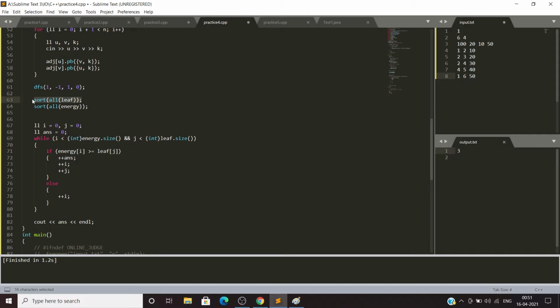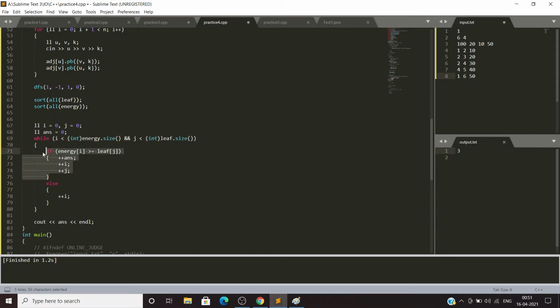After we have got all the leaf values, that is the energy required to move to some cities, we are sorting all the leaves and all the energies, because for every leaf we want to use the minimum energy required to get to the leaf. So here we store i and j equal to 0, and after that we iterate over i and j, until i is less than the energy size and j is less than the leaf size.